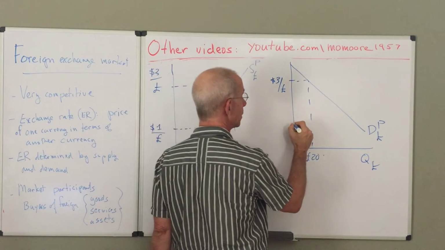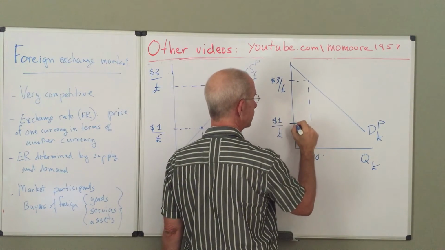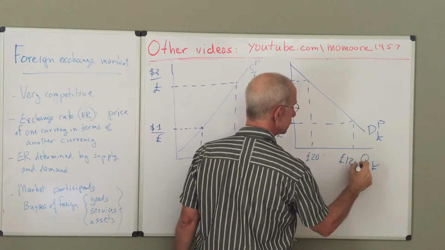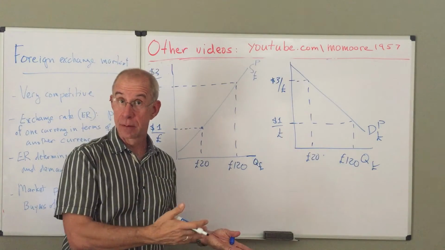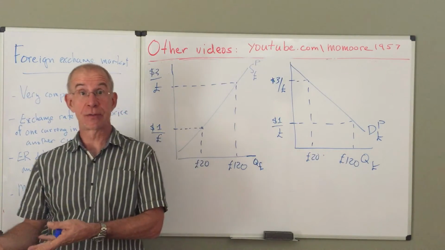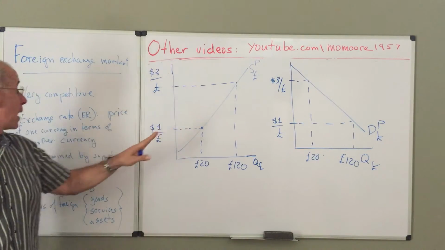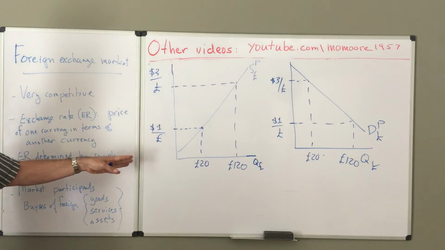As the pound becomes cheaper, Americans want to buy more pounds because British goods, services, and assets are going to be cheaper. So this is the supply and demand side of this market.